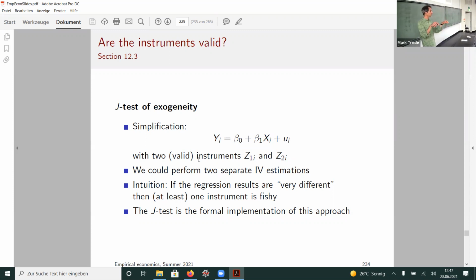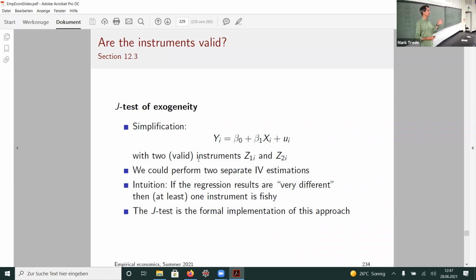So if both instruments are valid, then using the first instrument, of course, gives different estimates from the second regression where we use the other instrument, but they shouldn't differ too much. That's the testing idea. So we run two regressions, we look at the results, and we say, well, this is different, of course, but not much. So if they are reasonably close to each other, then we say, well, both instruments are probably valid.